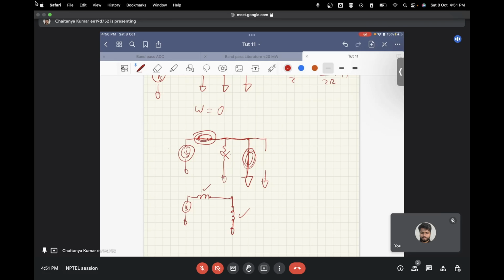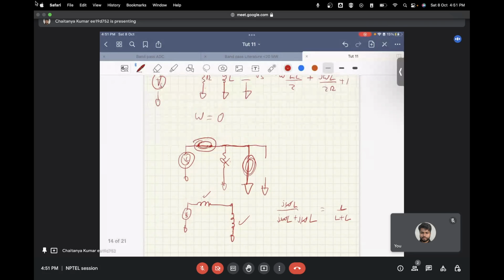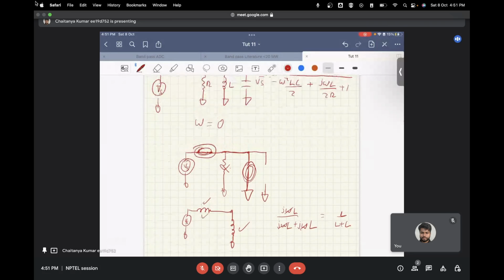Basically, what you will have ultimately is j omega L divided by j omega L plus j omega L. So this omega will be cancelled, and what you will be left with is L upon L plus L. That means this will be just an inductance divider. Since both the inductances are equal, the voltage that you get over here is half of what you have applied at the input.